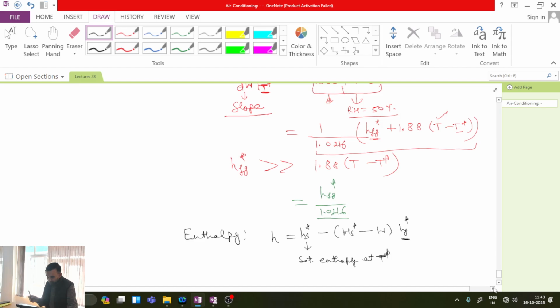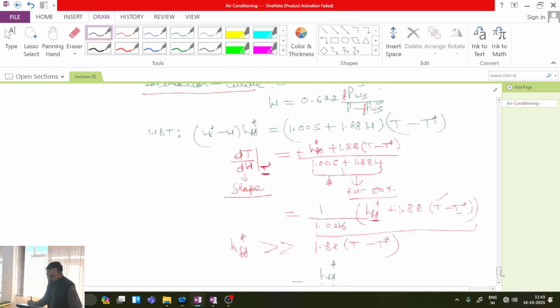So for a fixed value of T star, all these three parameters will be a unique value. Is this point clear or not? What is the meaning of constant value of T star?